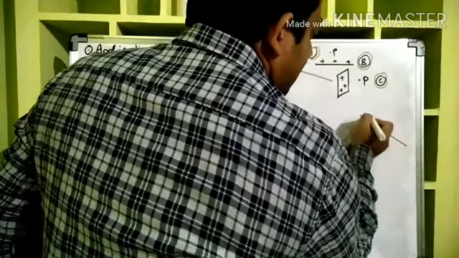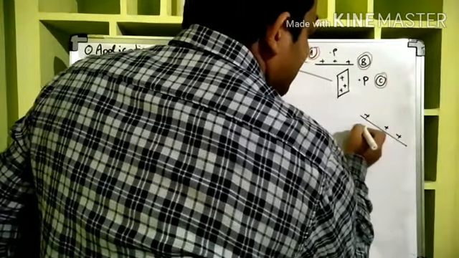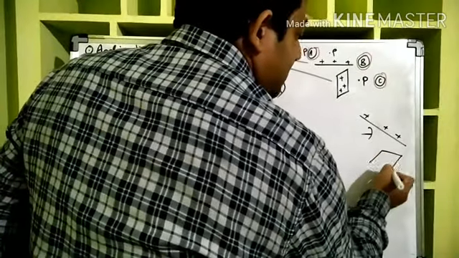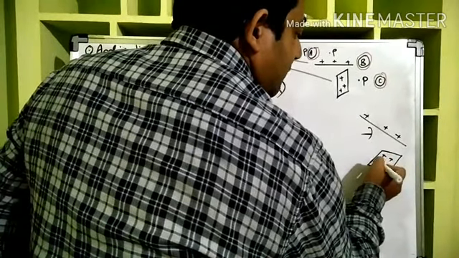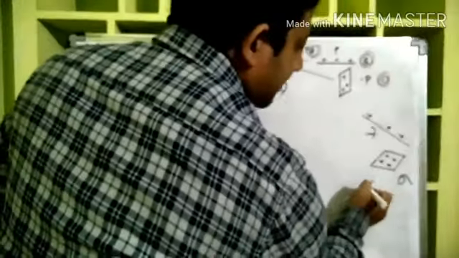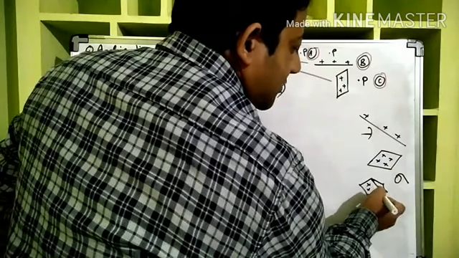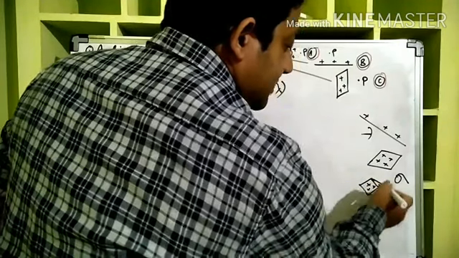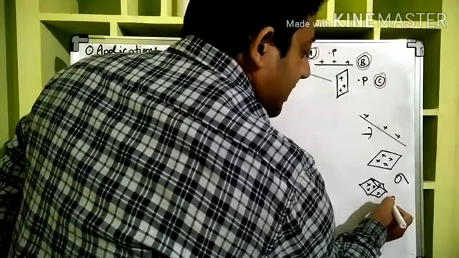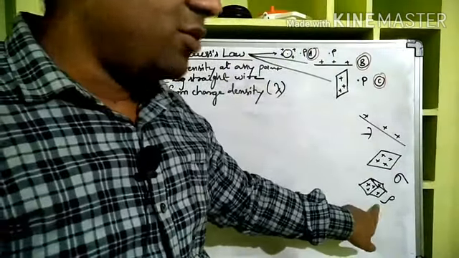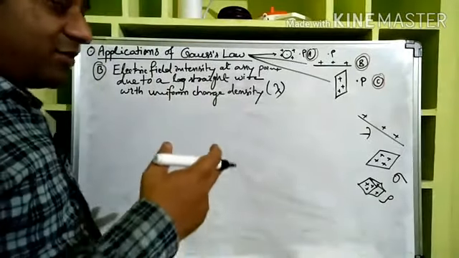Charge density, you remember, if there is a line with uniform charge, the linear charge density symbol is lambda. If there is a sheet with uniform charge density, the symbol is sigma. And if there is a cube where charge is uniformly distributed all over, we said volumetric charge density, and the symbol is rho. Remember, we had discussed this already.